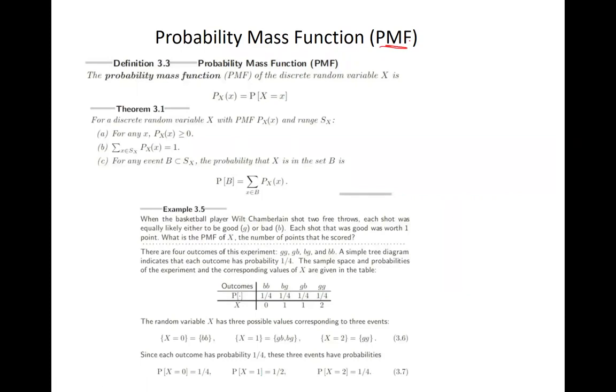PMF is one of the important functions that we'll be using in probability theory. Simply, we use a capital X to denote the probability mass function, with subscript capital X, which refers to the random variable, and x is the argument, so the values of the random variable.